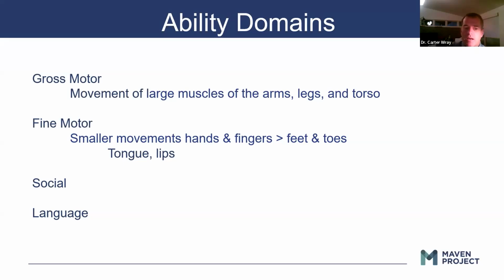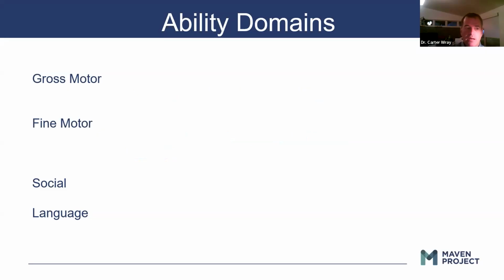Some people also use fine motor to talk about the control of the tongue and the lips, although on some levels we can think about the domains of development themselves, but then sometimes we also think about the domains as they interface with the specialists who might help with these problems. And so sometimes tongue and lips is seen separately.